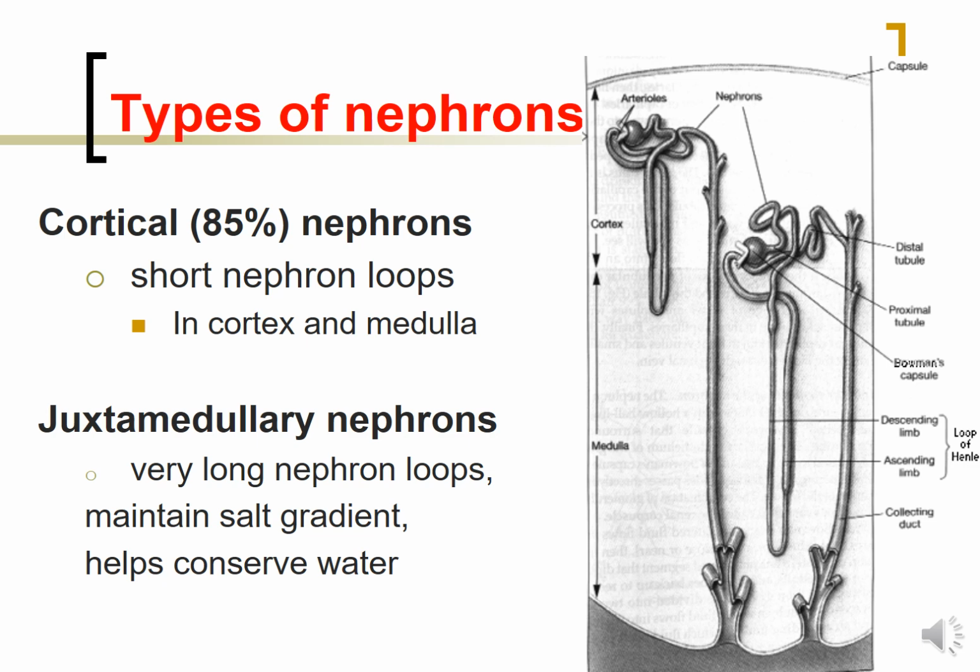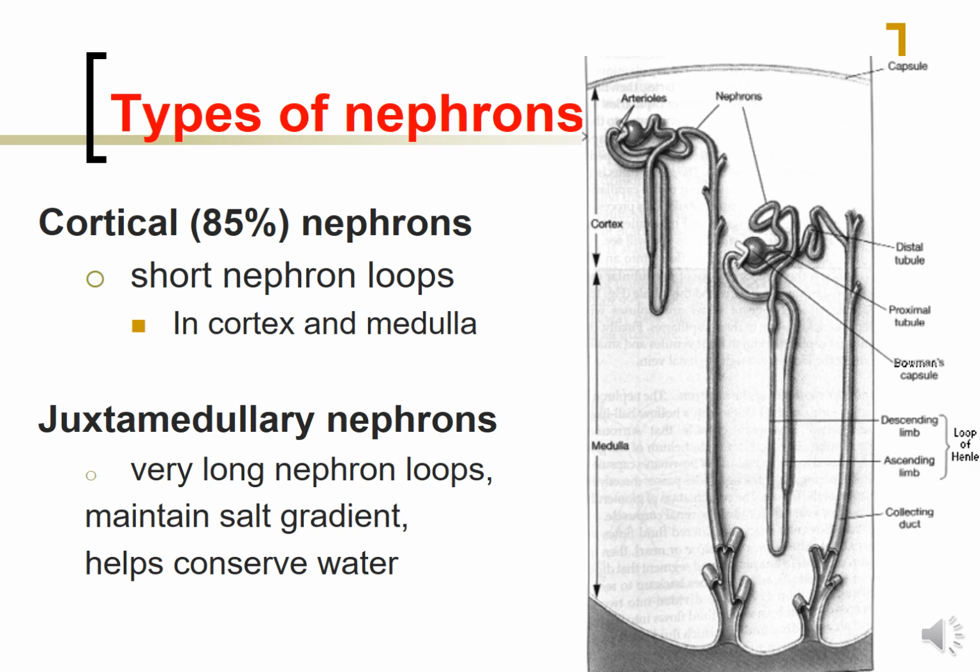You can get small molecules to move from one area to the other through mechanisms such as diffusion, facilitated diffusion. There's only one way to get water to move, and that's through osmosis. And osmosis is where water flows from an area of high concentration to an area of low concentration.